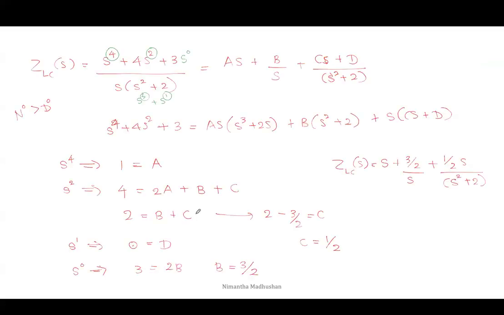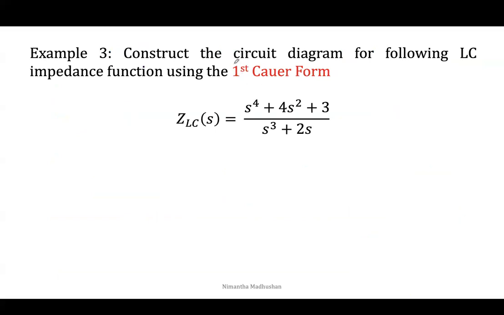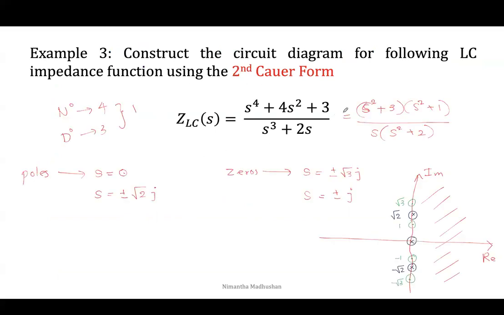Now we can do the Cauer forms. First, the Cauer form we have to apply for this function. In Cauer form, we are using continued fraction expansion. I'll first do the first Cauer form. The numerator is s to the power 4 plus 4s squared plus 3, and the denominator is s to the power 3 plus 2s.